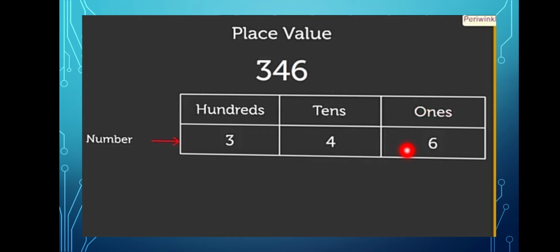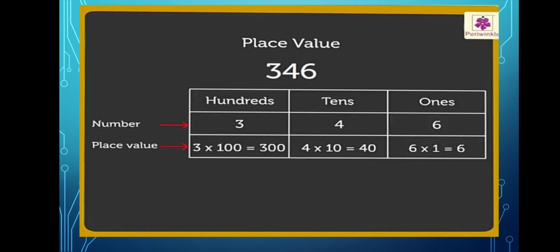Now let us look at the place value of each digit. As the number 3 is in the hundreds column, it means there is 300. So its place value is 3 into 100, that is 300.